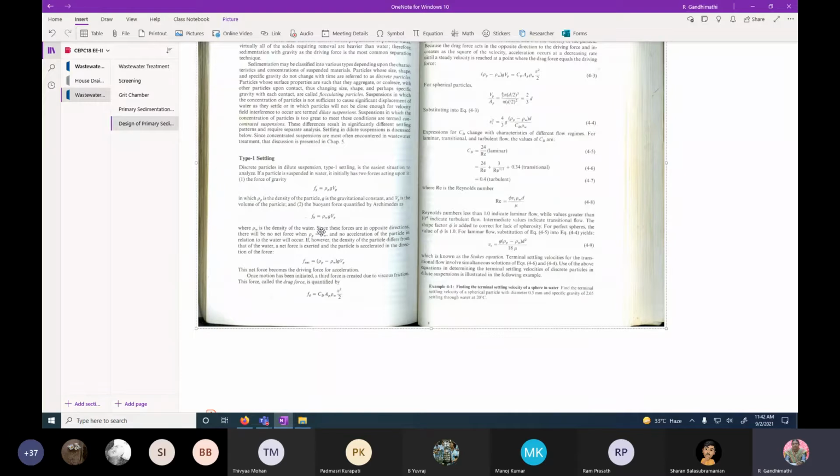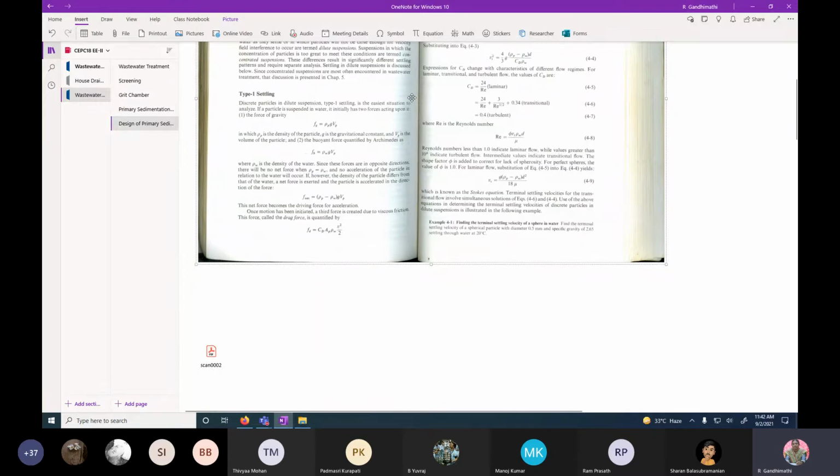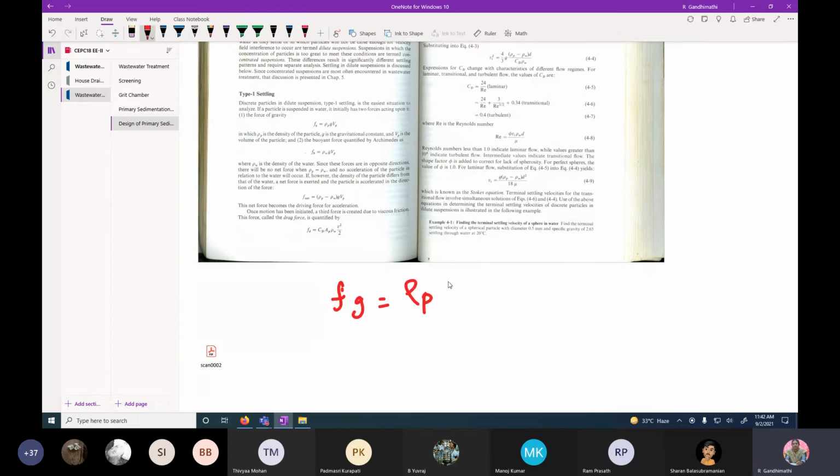The gravitational force Fg is equal to rho p into g into Vp, where rho p is the density of the particle and Vp is the volume of the particle. The buoyant force is rho w into g into Vp, where rho w is the density of the water and Vp is the volume of the particle.